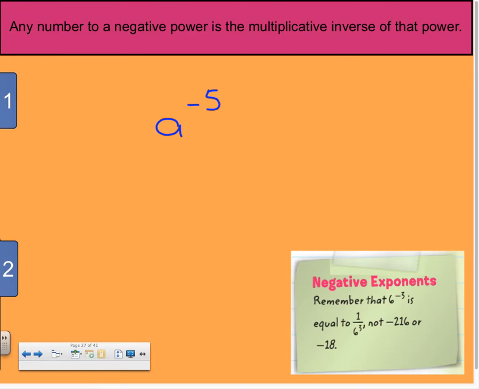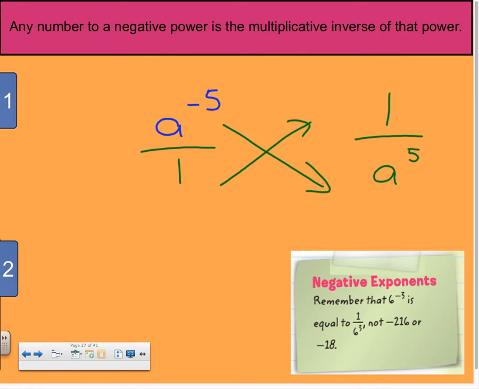So I'm going to take this a to the negative fifth. If it helps to remember to write it kind of like that as a fraction, I'm going to flip it or find the reciprocal, and I'm going to put 1 up here, put a to the fifth down here because I can get rid of that negative sign. And that's how I rewrite a negative exponent using positive exponents.